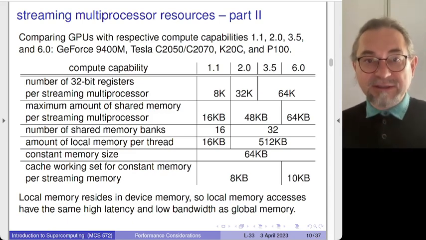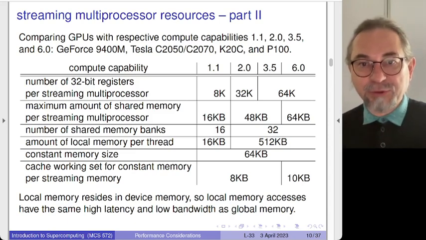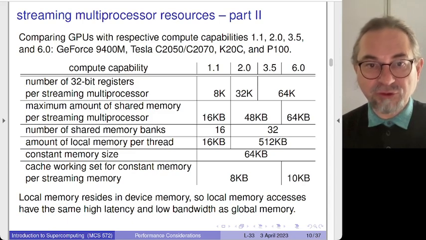Okay, so the second category of resources are the number of registers that are available per streaming multiprocessor. The very early and not so strong graphics cards have compute capability 1, a little bit over 1. Pascal has compute capability 6, and you can see that there are 64,000 registers.